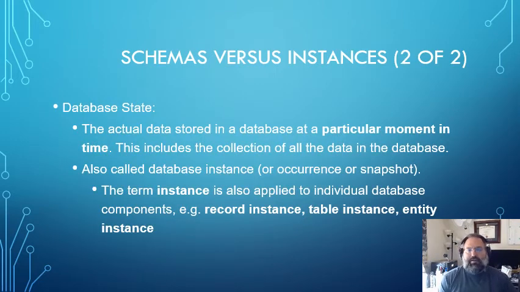A database state is the actual data stored in the database at a particular moment in time. This includes the collection of all data in the database, also called database instance, occurrence, or snapshot. The term instance is also applied to an individual database component, for example, a record instance, a table instance, or an entity instance.